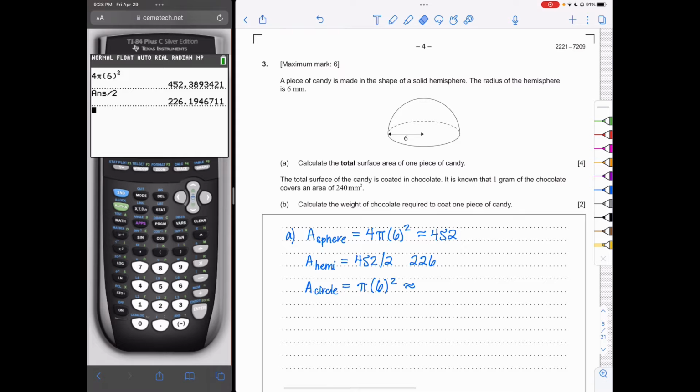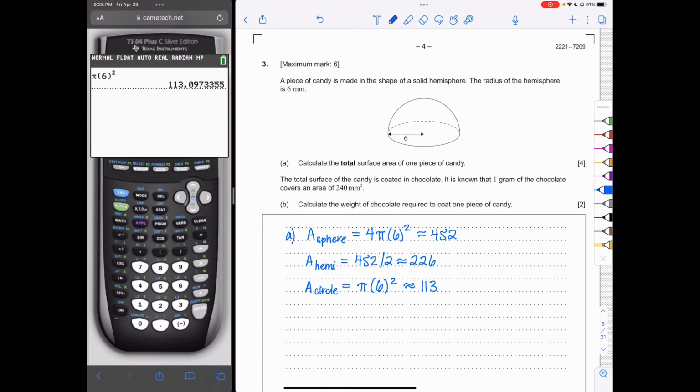So all I have to do is substitute that into the calculator. So if I have pi r squared here, we will end up having approximately 113.